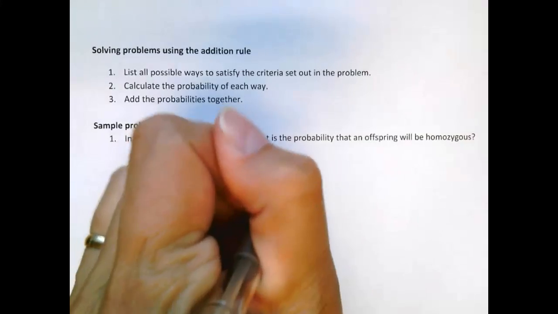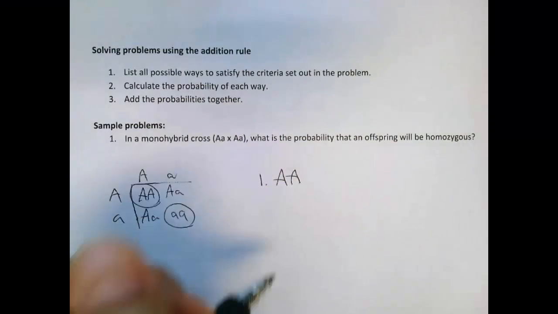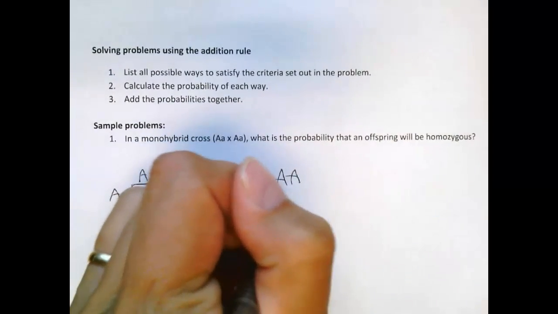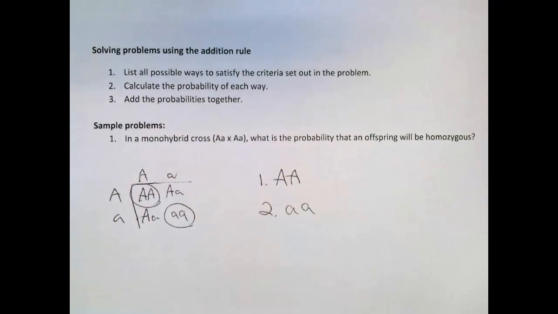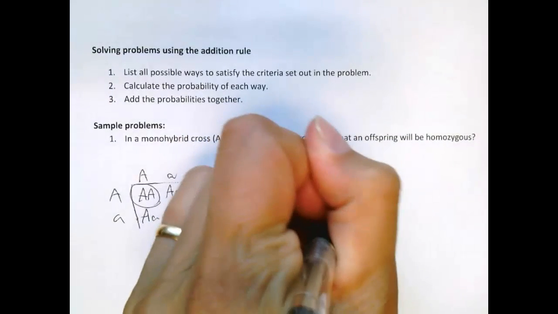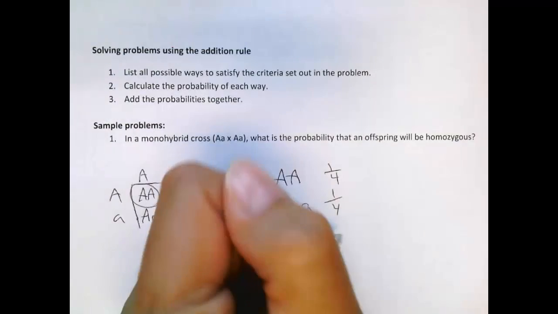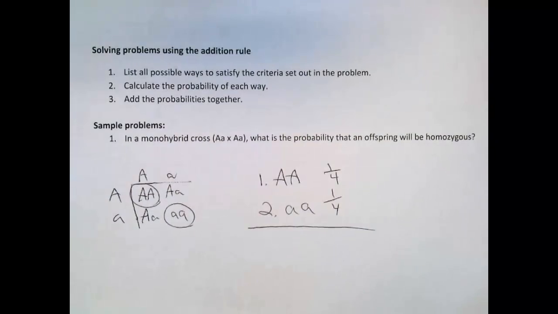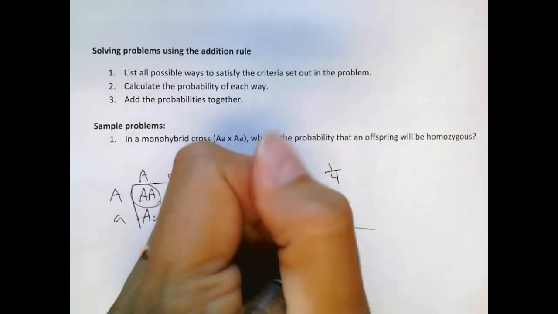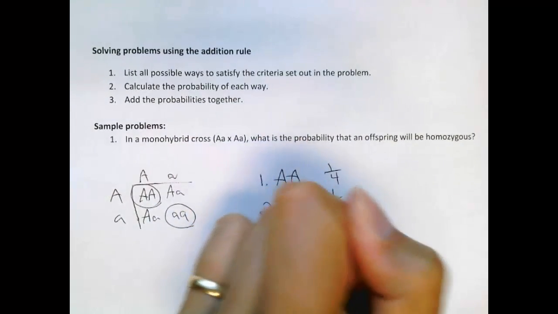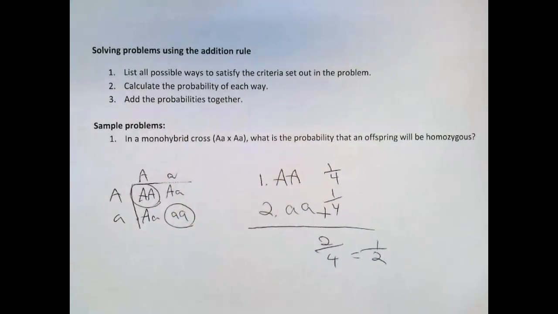The first way would be to be big A, and the second way would be to be little a. Next, we're going to calculate the probability of each of those 2 ways to satisfy the problem. The chance of being big A is 1/4. The chance of being little a is also 1/4. Third step is we're going to add those probabilities together, because either one of those can satisfy the criteria in the problem. We get 2/4 or 1/2.